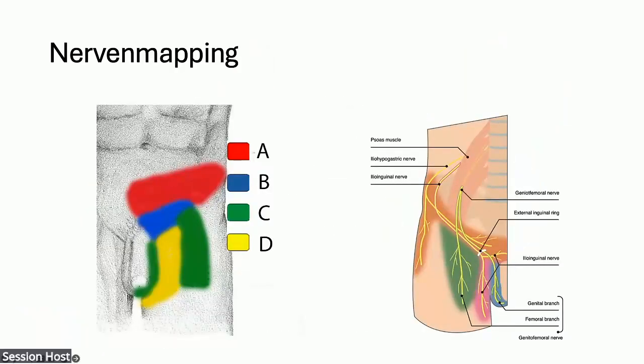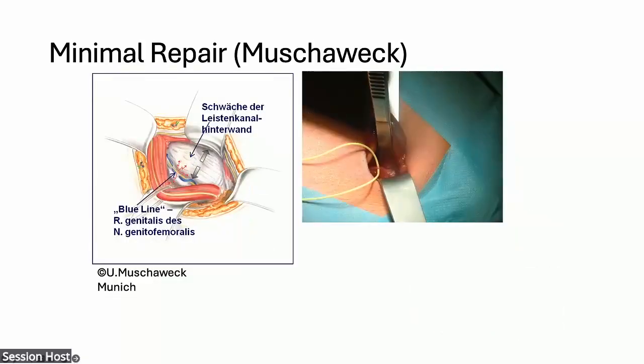Following this weakness, we get compression of the nerves, and then we can localize the problem when there's a lot of load on the inguinal floor, map these nerves and stabilize the floor. But stabilizing the weakness alone is not enough. Sometimes you have to do a lot more with the adductor release and the release of the rectus abdominis.